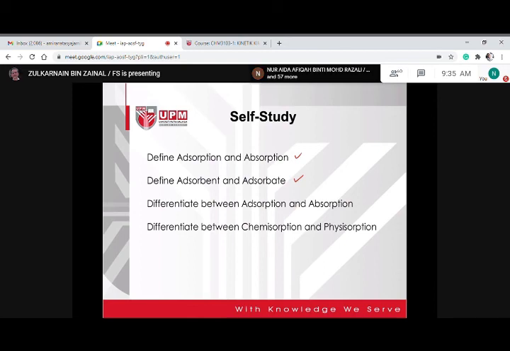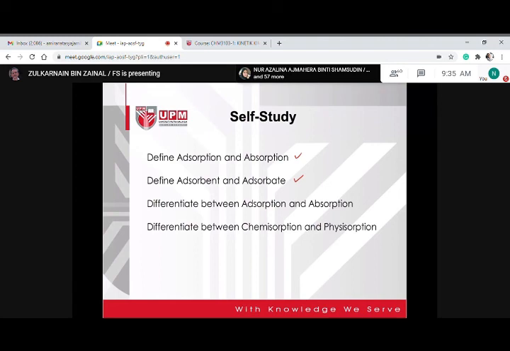For example, what is adsorbent and what is adsorbate? It is not like having one type of phrase only for defining. You can have a number of different types of phrase. You can trace to your understanding. All right. Okay, and make sure that other people will understand also.